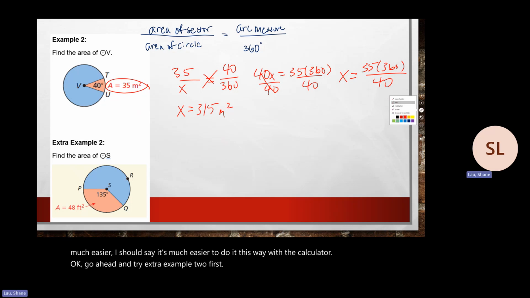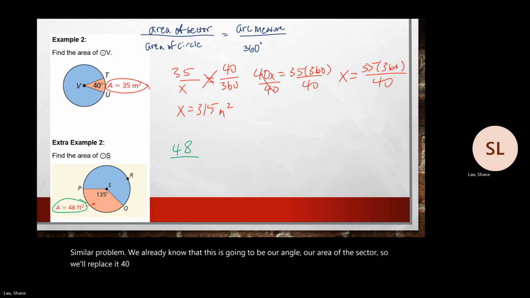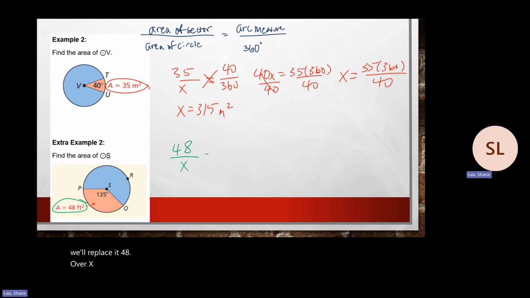Let's do green this time. Similar problem. We already know that this is going to be our area of the sector, so we'll replace it: 48 over x is what we're looking for. The area equals 135 over 360. We keep going.